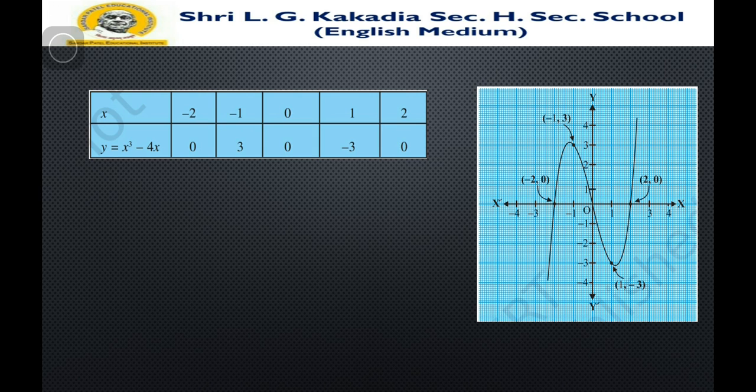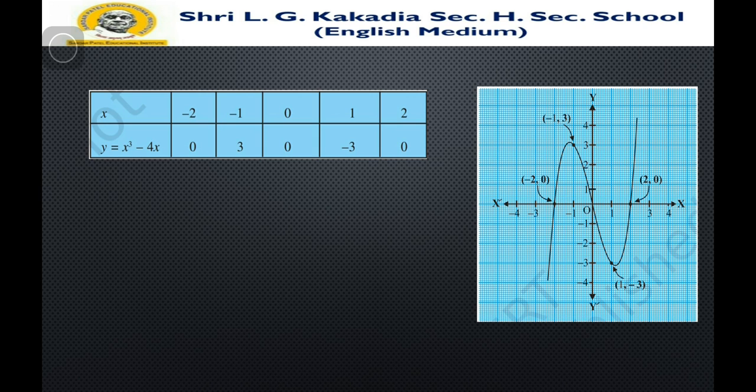Here you can see that the graph passes through the points (−2, 0), (−1, 3), (0, 0) as the middle point of the axes, then (1, −3) and (2, 0). The graph of the cubic polynomial intersects the x-axis three times, at (−2, 0), (0, 0) and (2, 0).